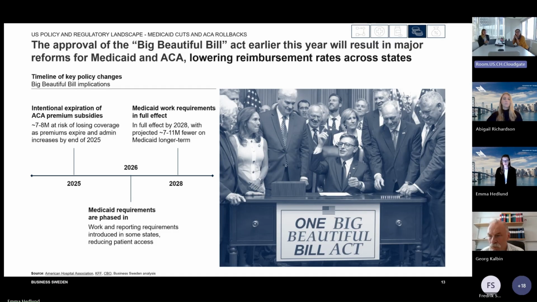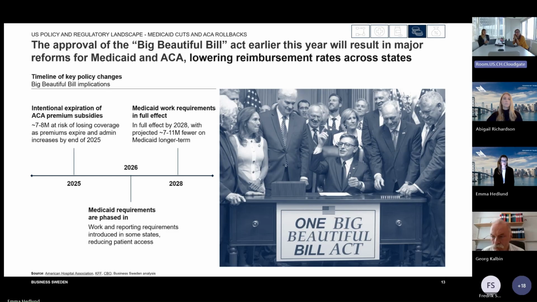So it's more of a burden and more of an impact on hospitals and then on states themselves. That's what we're going to see in the coming years.